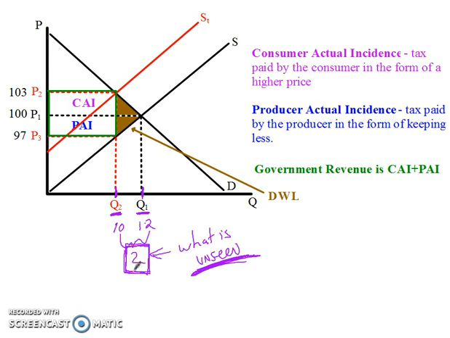And that lost happiness is what we call deadweight loss. The deadweight loss is equal to the size of this triangle. Why?